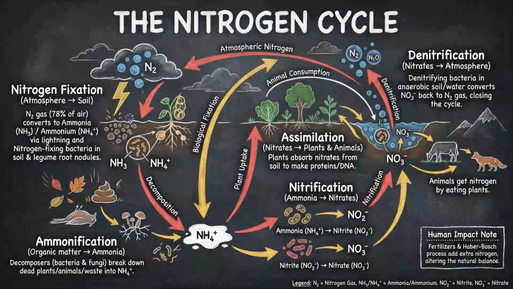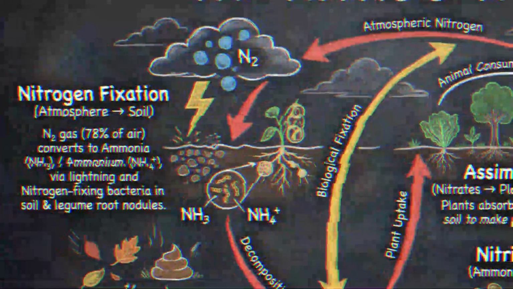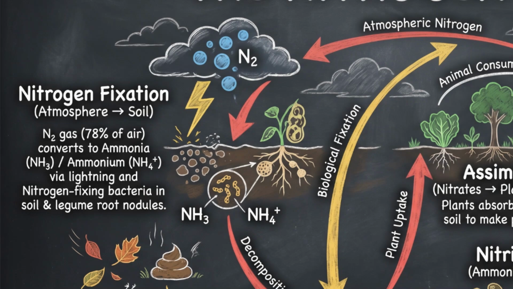About 78% of our atmosphere is nitrogen gas, but plants and animals cannot use this form because the 2 nitrogen atoms are held together by a very strong triple bond. Nitrogen fixation is the process that breaks this bond and converts N2 into usable forms like ammonia or ammonium.